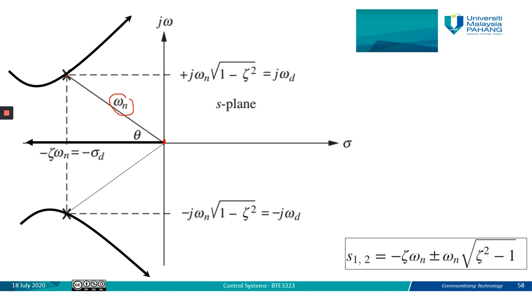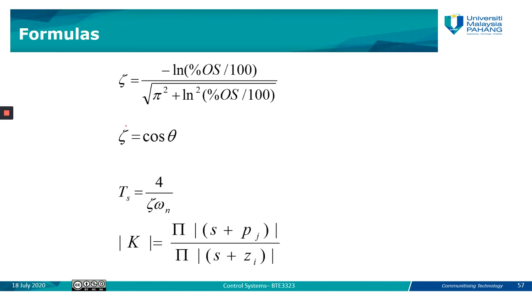The angle between this line and the sigma axis represents theta, and from this theta angle we can calculate the value of damping ratio by saying damping ratio equals cosine theta. So if I find theta equal to 30, cosine theta will be the value of the damping ratio.